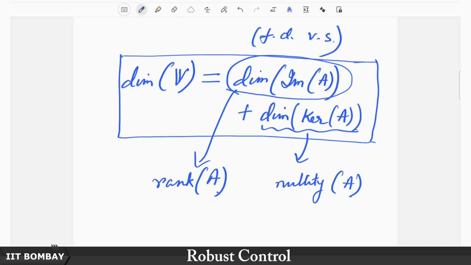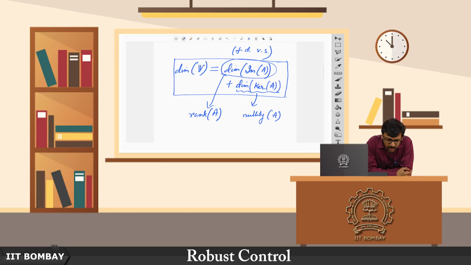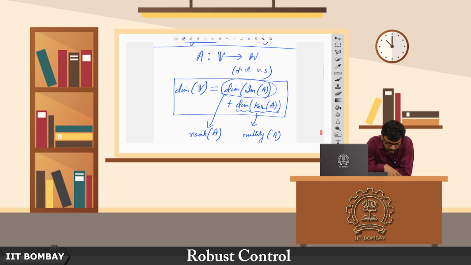That is, multiple elements in V might map to the same element in W, okay. At least intuitively you can get a feel for this from this relation, and that is very important. From this rank nullity relation that I have written here, it is important that you get a feel for why the injection and surjection properties are also somewhat hinted at or indicated in this particular relation that I have jotted down.